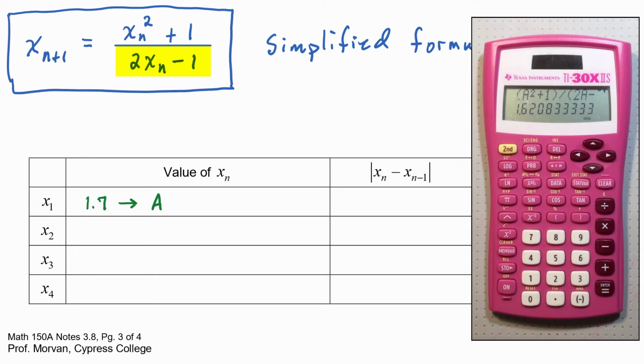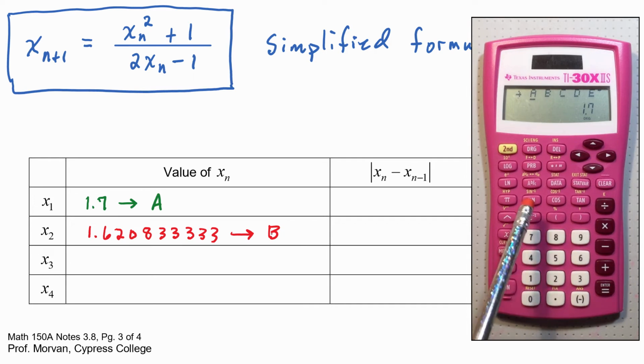So we see that we've got 1.620833333, and let's go ahead and store that in memory location B. Now let's look at the difference between x2 and x1, because our accuracy needs to be 0.00001.